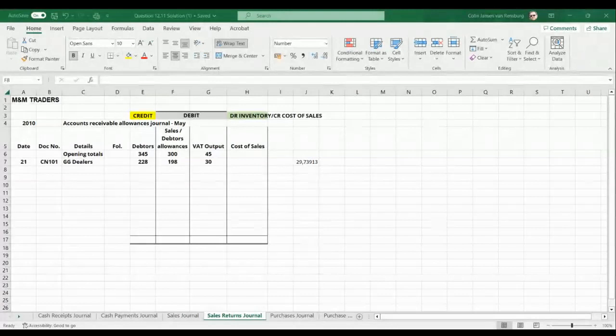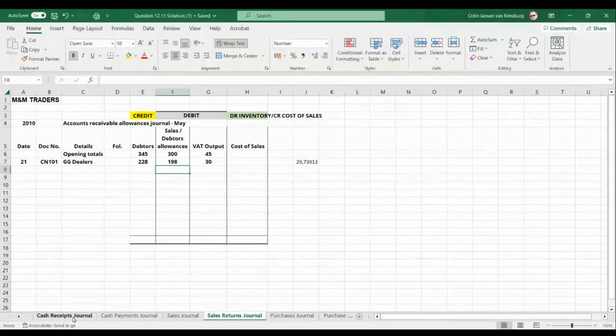So there is no debtor involved whatsoever. It's only our bank account and our sales and our output VAT that is going to be affected. So therefore, we are not going to record it in the sales journal, but in, like Senziwe says, the cash receipts journal. Spot on.